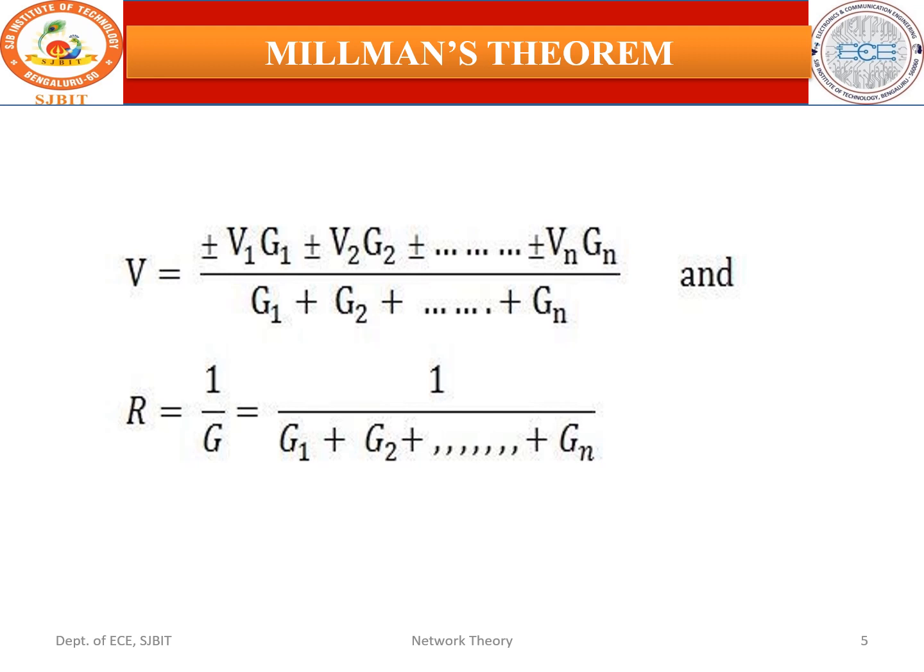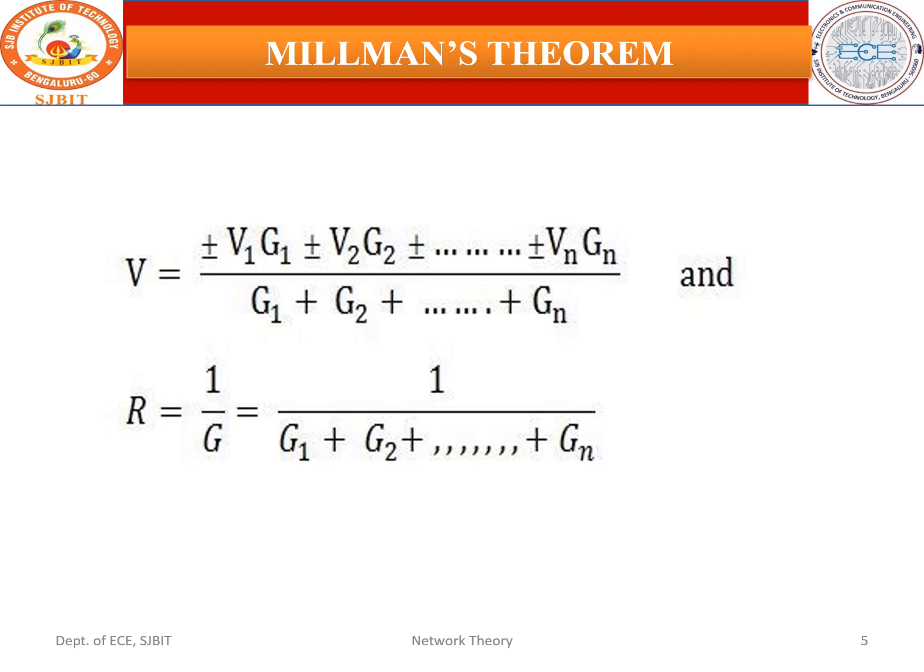Suppose there are 3 voltage sources and 3 resistances connected in parallel, that can be replaced by the voltage source V equal to V1 G1 plus V2 G2 plus V3 G3, and the resistance is given by R equal to 1 by G, that is equal to 1 by G1 plus G2 etc. up to Gn, where G1 is 1 by R1, G2 is equal to 1 by R2, and G3 is equal to 1 by R3.